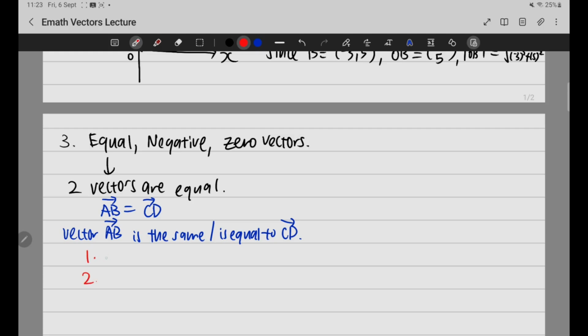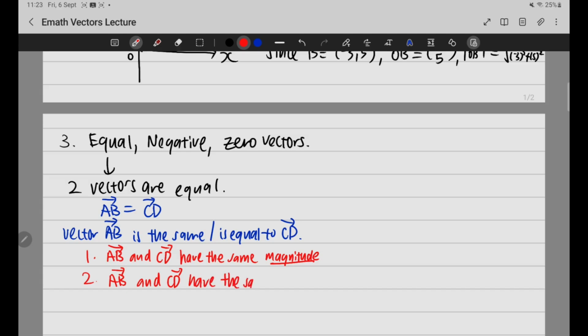It means that AB and CD have the same magnitude. So that's the first. Same magnitude. And at the same time, AB and CD have the same direction. So what does this translate into? Since they have the same magnitude, that means their length of vector is the same.